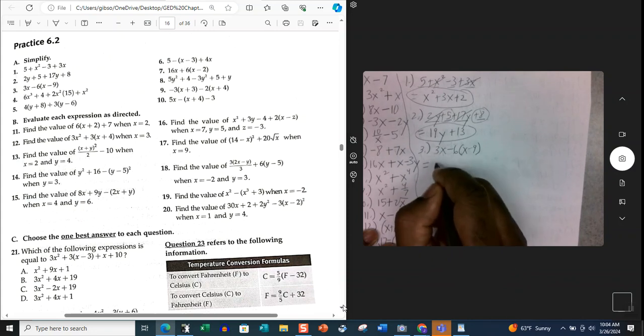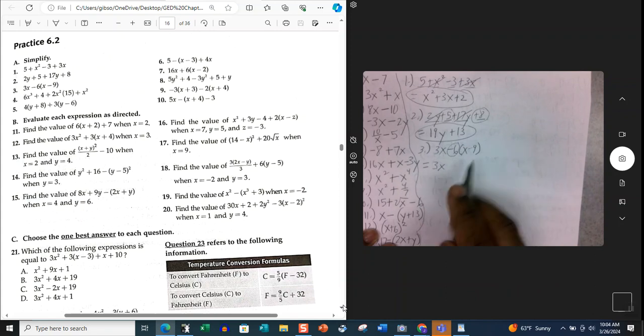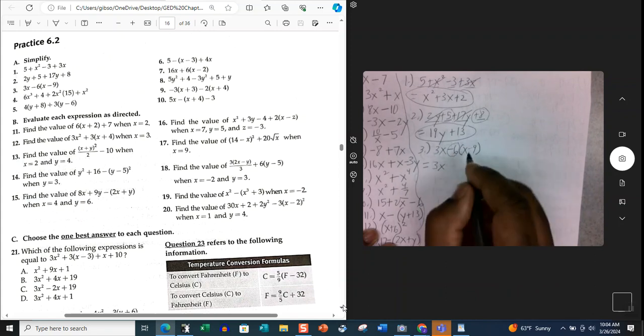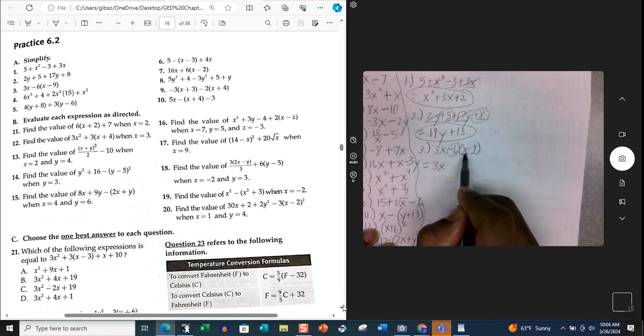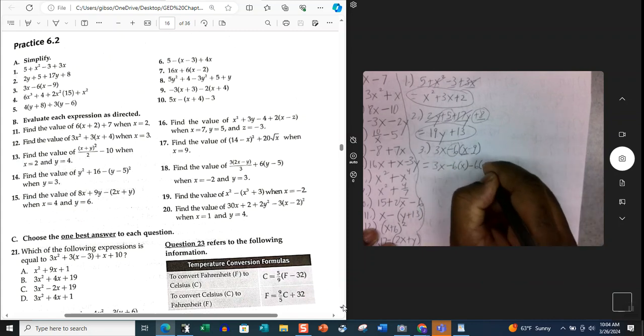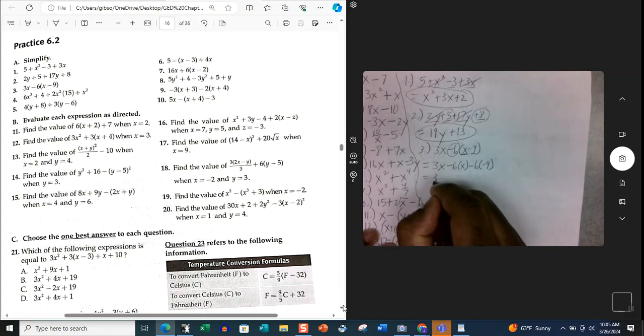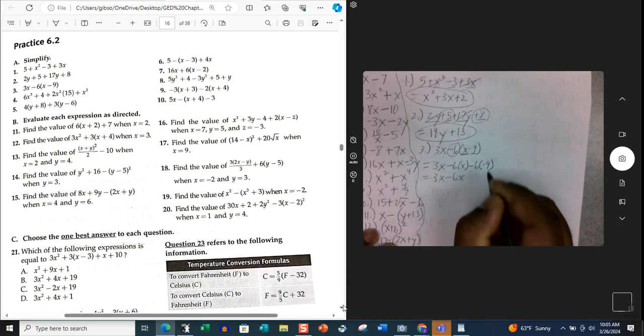First we bring down this 3x. Now we take this negative 6 and multiply by both of these terms, because remember, terms are separated by addition or subtraction. So you're going to take negative 6 times x, and then negative 6 times negative 9. So it'll be 3x minus 6x plus 54.